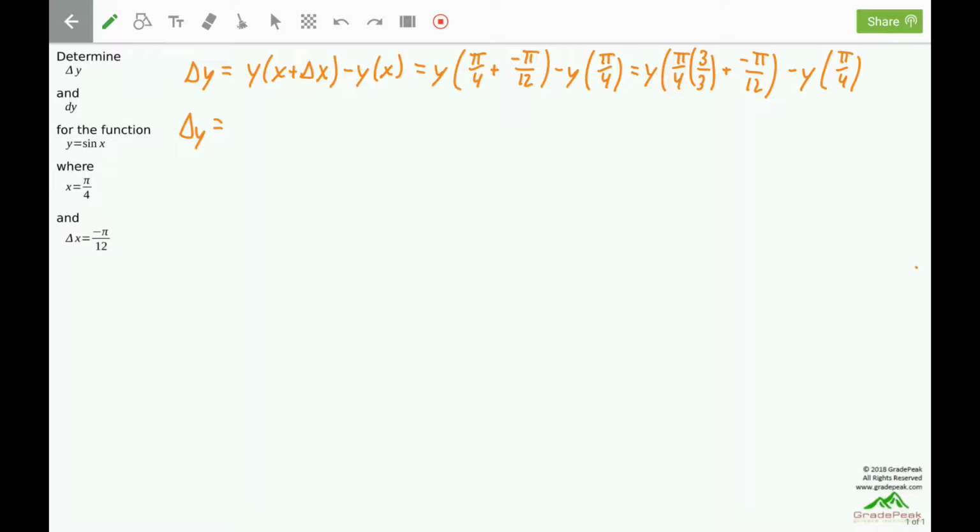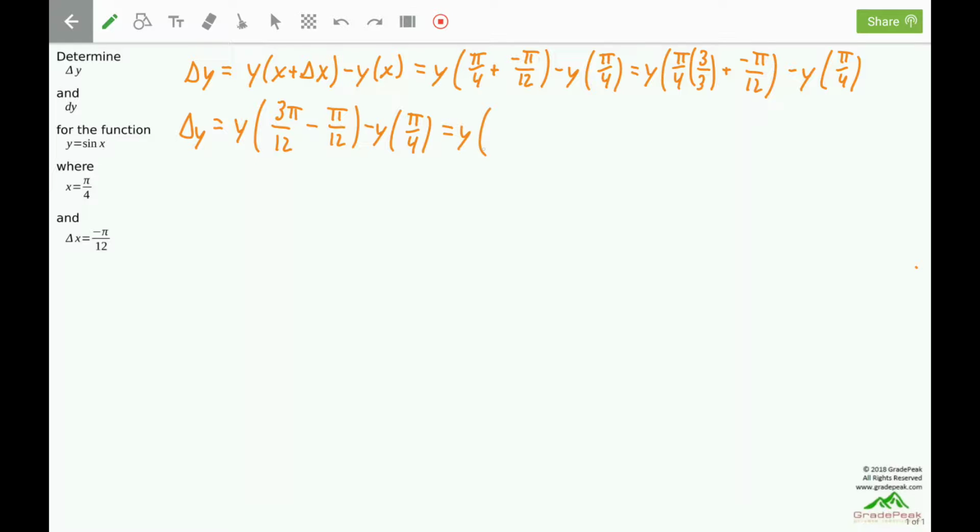So delta y will equal y of, multiplying the numerators, pi times 3 is 3 pi, over multiplying the denominators, 4 times 3 is 12, plus a minus is minus pi over 12, and all of this minus y of pi over 4.